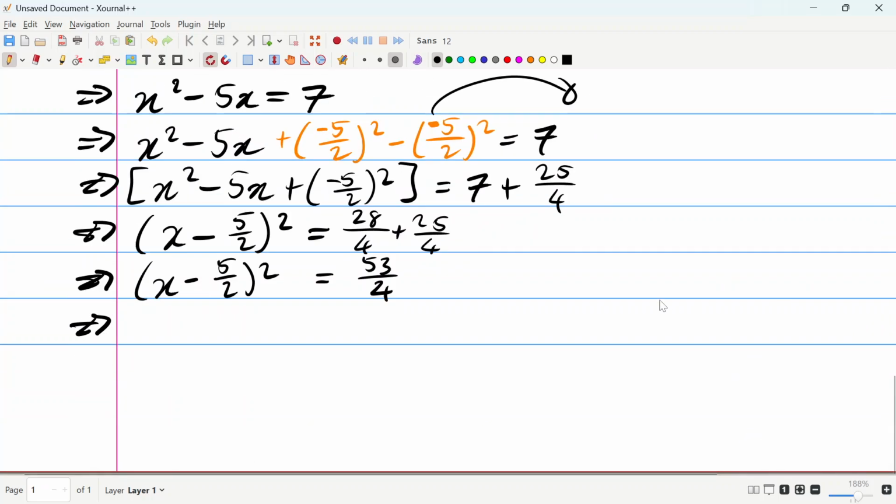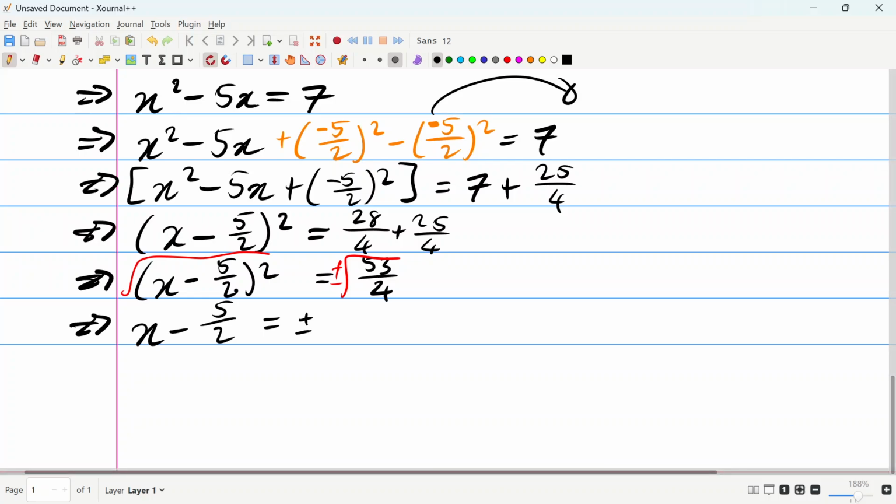So all we need to do, in order to get rid of the square, is take the square root on both sides and then plus or minus. So our answer is x minus 5 over 2, which is equal to plus or minus the square root of 53 over 4.